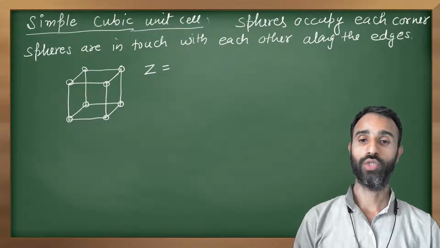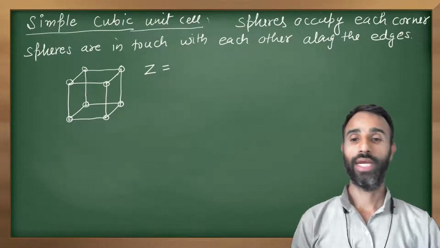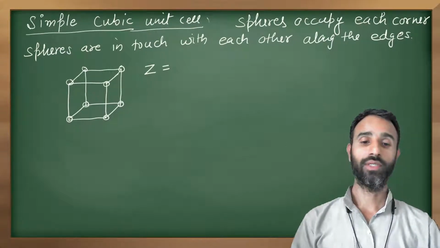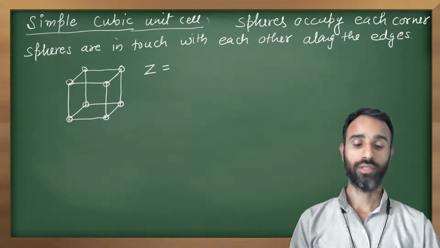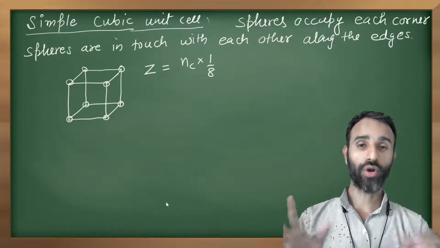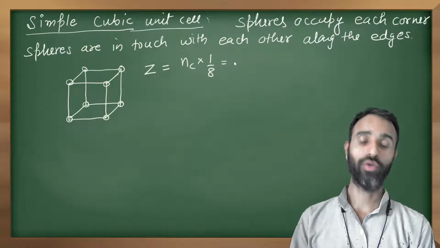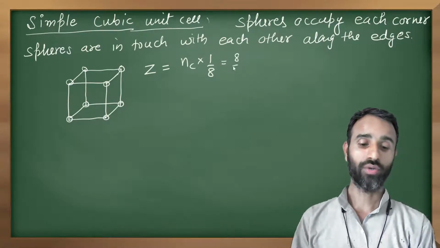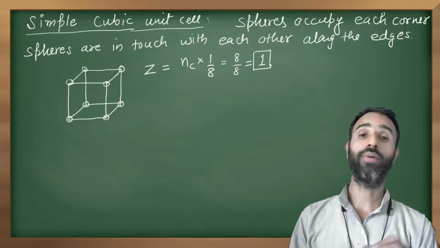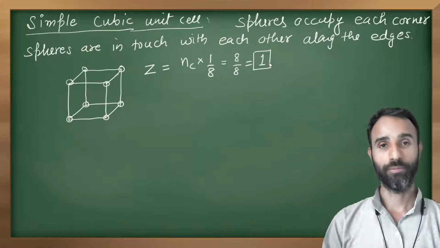How many spheres? 8 spheres, okay? So that means in this case, Z is equal to number of corner atoms into 1 by 8. And how many corners are occupied? You know, cube has 8 corners. So 8 by 8 means number of spheres per unit cell in simple cubic is 1.